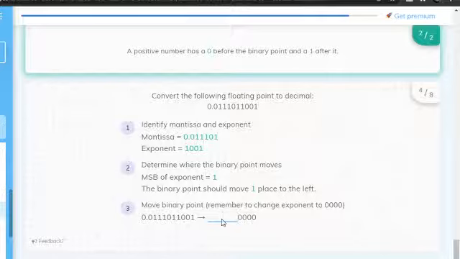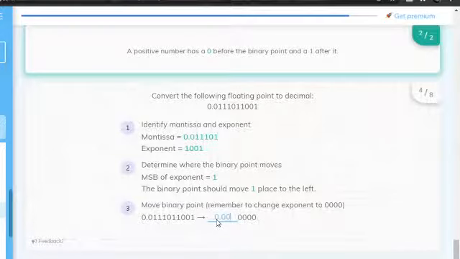This is not how you do it. So remember to change the exponent to 0. So we have literally just moved this by 9. That's what you've done. Don't know what you're trying to do here.